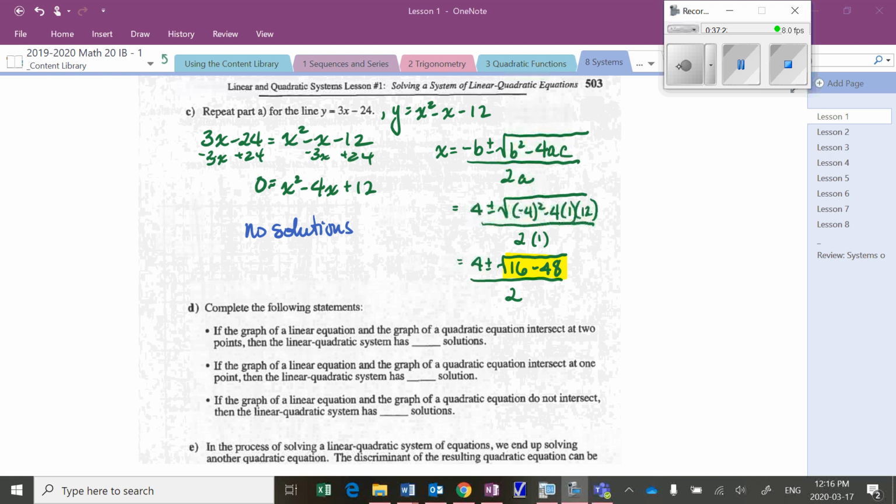It means there's no rational solution. So we substitute our values into the quadratic formula and then recognize that that radicand, or in this case the discriminant, b squared minus 4ac, ends up being negative, which tells us there are no, sorry, no real solutions.